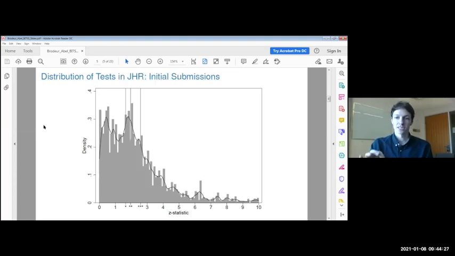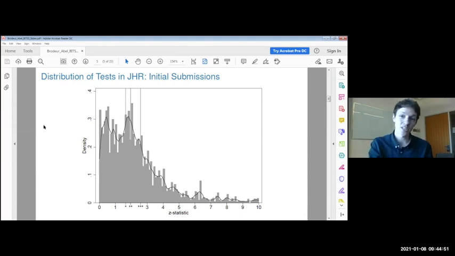This is the initial submissions for all the papers submitted at JHR, accepted or rejected. And it looks extremely similar to what you find for published studies in top journals in economics. It's incredibly similar, and this is the combination of rejected and accepted. Now, let me show you what's happening at the different stages.